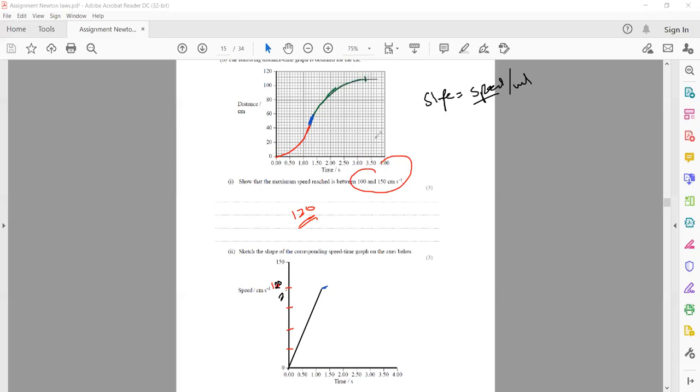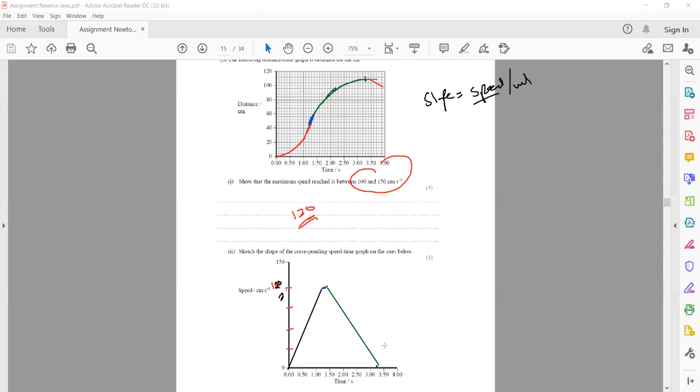So till this point, what is this time interval? 1, 2, 3, 4. So that is 3.3. So till 3.3, it starts to decrease. If slope is decreasing, the speed will also decrease. And then it is a horizontal line. It means the slope is 0. If slope is 0, it means the speed is 0.